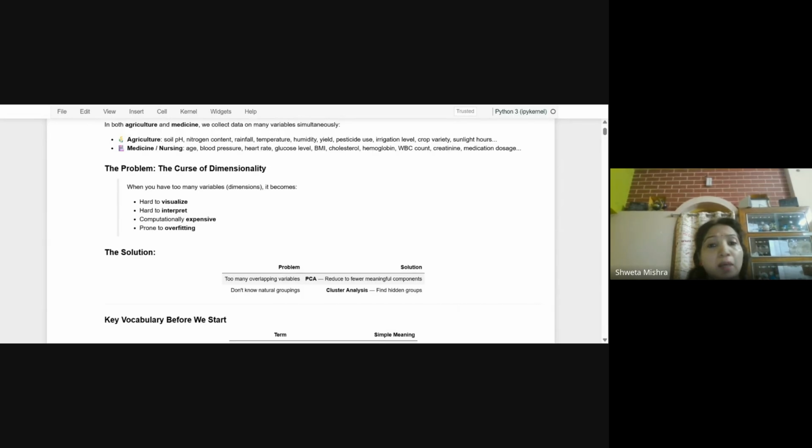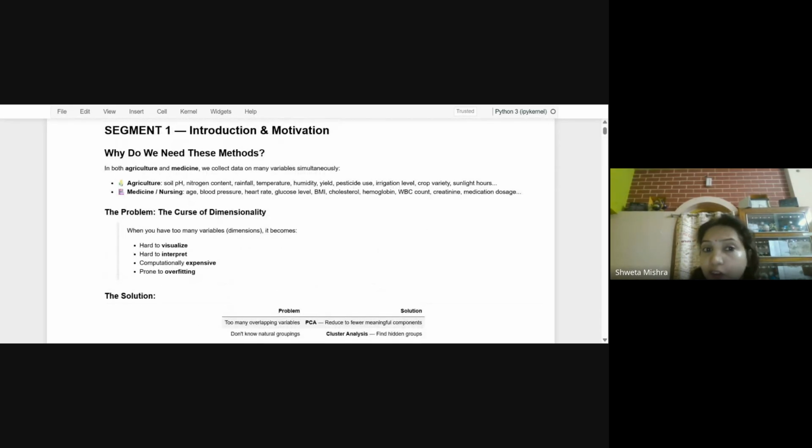There we may have the age of the patient, their body mass index, their BP, blood glucose, cholesterol, hemoglobin, etc. So for a single patient, we may have 10 to 20 types of data. When I say type of data, I mean the property, attribute or variable, and the number of patients can be any number.